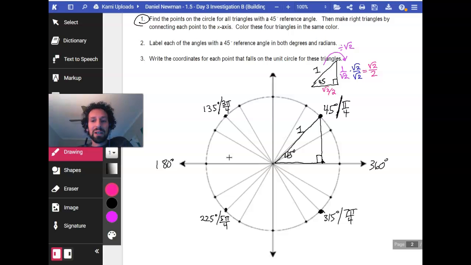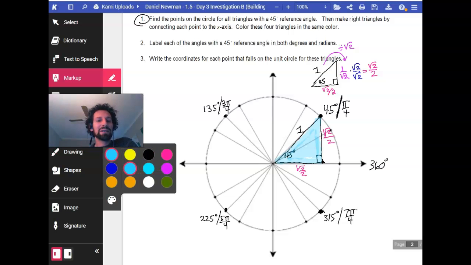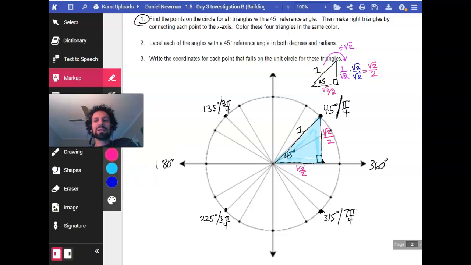Well, that tells us that we actually go rad 2 over 2 units to the right, and we go rad 2 over 2 units up. And again, we're talking about this triangle right here. And so by writing the side lengths of that triangle, we now have the coordinates of this point right here.